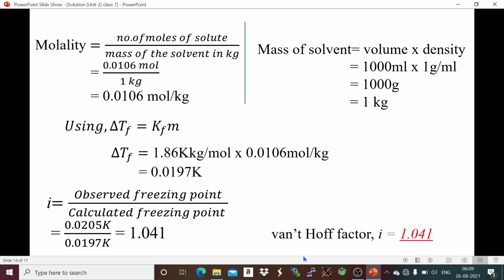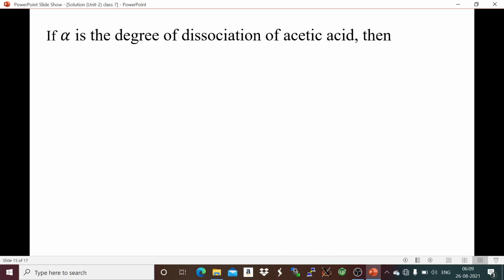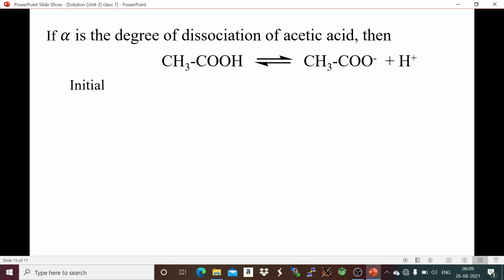So the first question was to find the van't Hoff factor, and the van't Hoff factor i is this. Next, if alpha is the degree of dissociation of acetic acid, then in water acetic acid dissociates to acetate ion and H positive ion. Initially if we consider n mole, then 0, 0, and at equilibrium n(1 minus alpha), n alpha, n alpha.